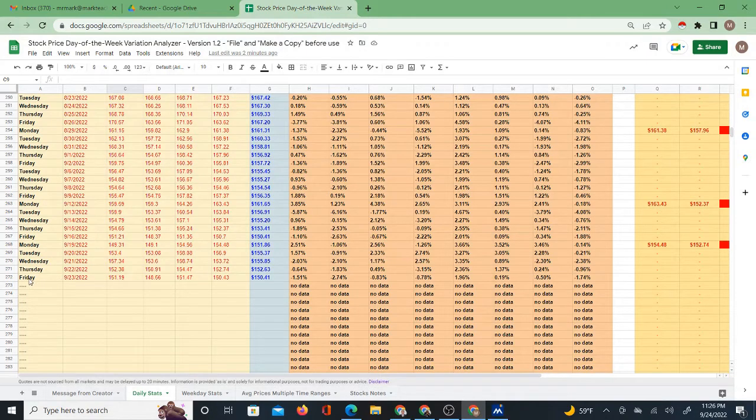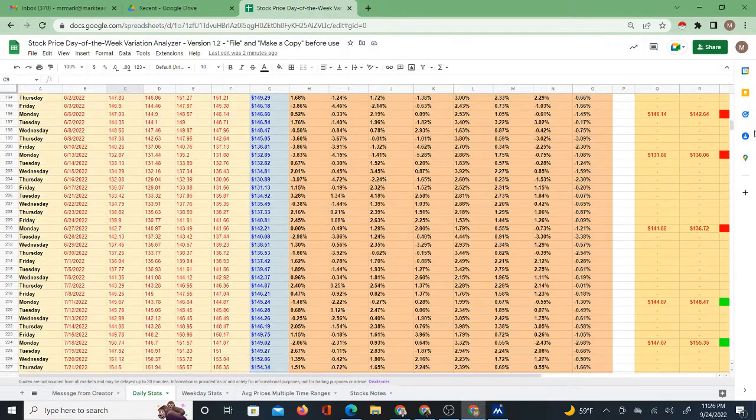And we get the days of the week, which is not from Google Finance. That comes from my formula that I entered here. So we can see what actual day of the week these dates occurred.